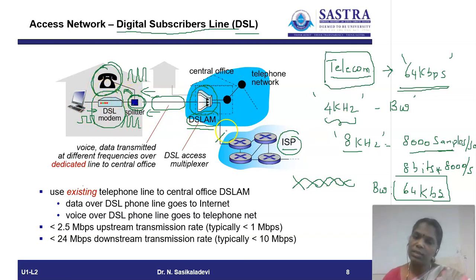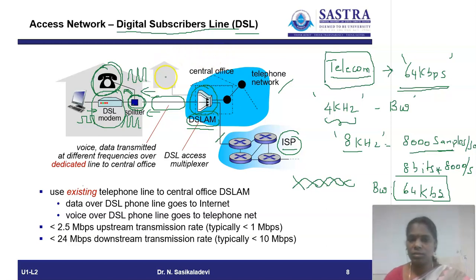The internet service provider is also the same telecommunication company, because we get both internet and telephone access from the same service provider. If the data is for telecommunication, it will pass to the telephone network, and if it is related to the internet, it will pass to the ISP. Here we have routers, here we have switches. This kind of architecture is known as digital subscriber line.